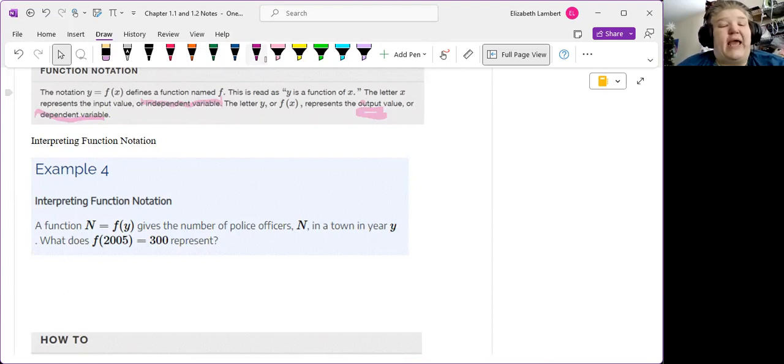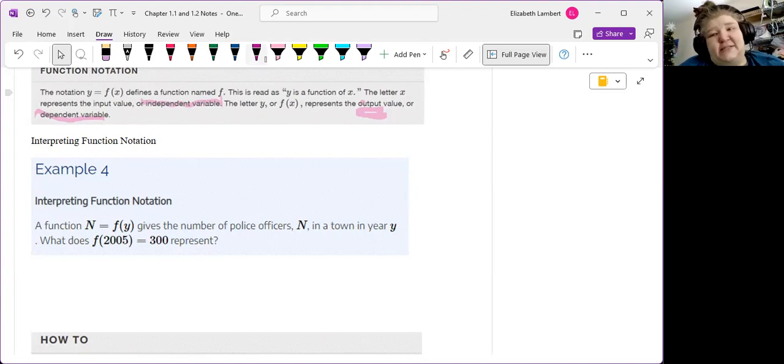So a function n equals f of y, or n is a function of y, gives the number of police officers n in a town in year y. What does f of 2005 equals 300 represent? So a question like this is asking you to interpret, and 9 times out of 10 interpret means what are the units?